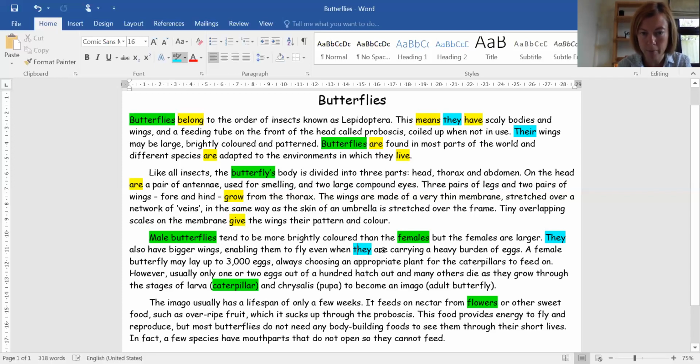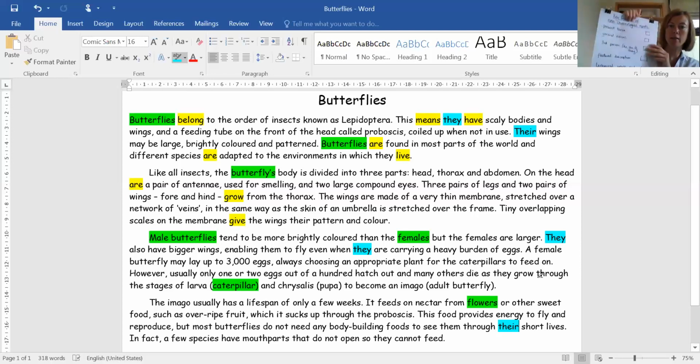And then there's another present tense verb there, are. Their short lives. Okay, so we've got some examples there of things being written in the third person.